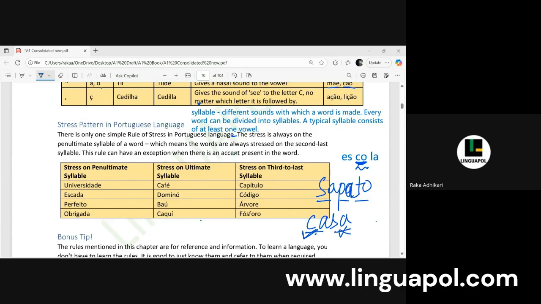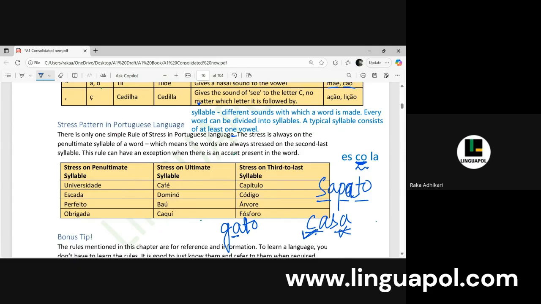So how do you pronounce this word? Casa. Right. Great. Similarly, we read the word gato.